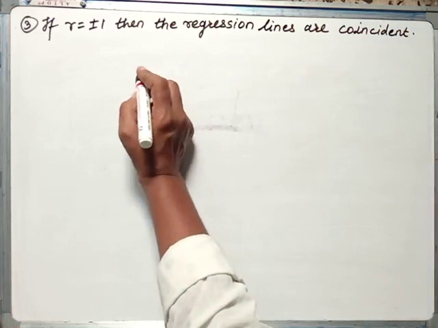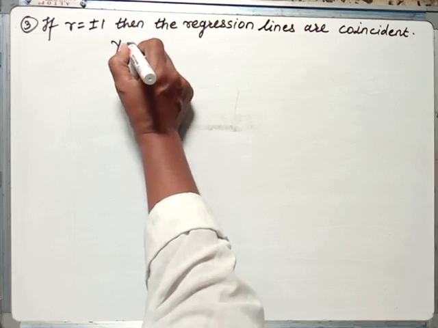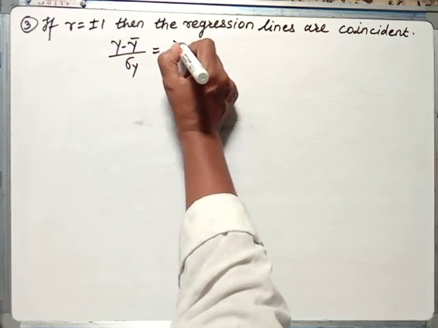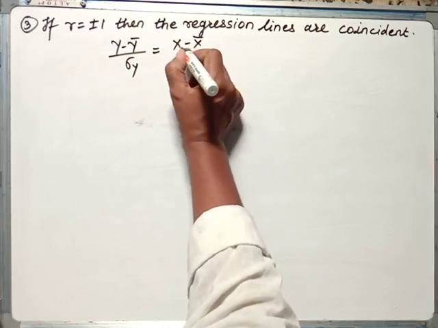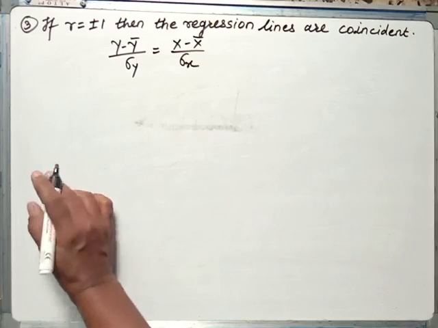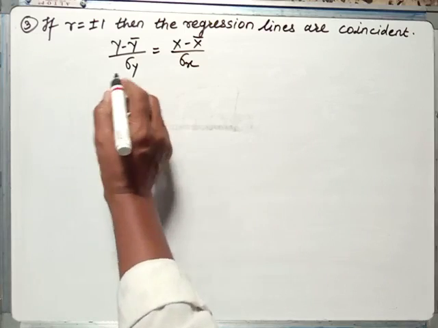When the regression lines are coincident, that is (y minus y bar) upon sigma y equals (x minus x bar) upon sigma x, it will be of this form after simplifying.